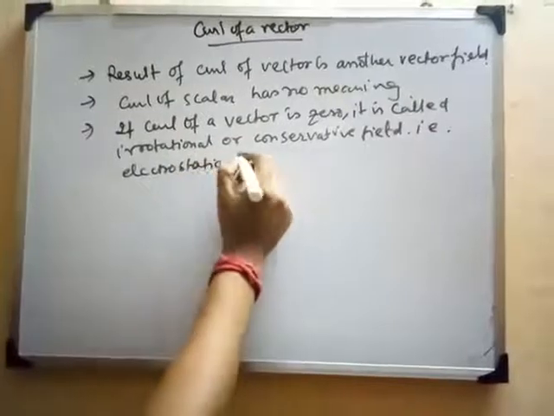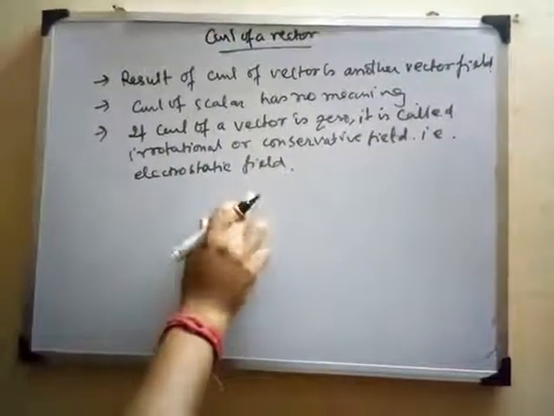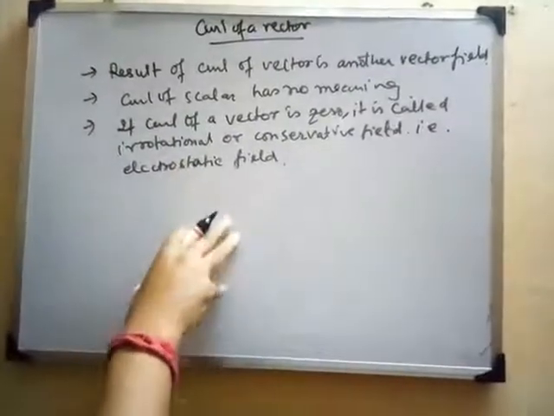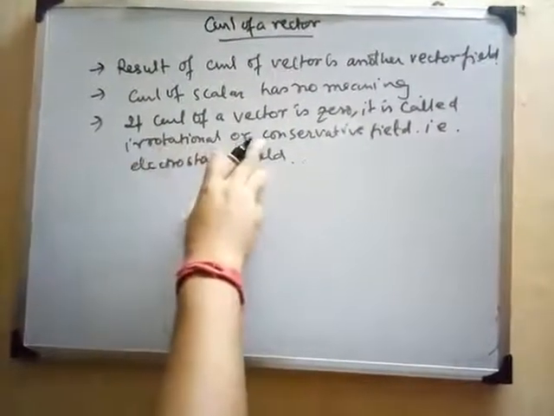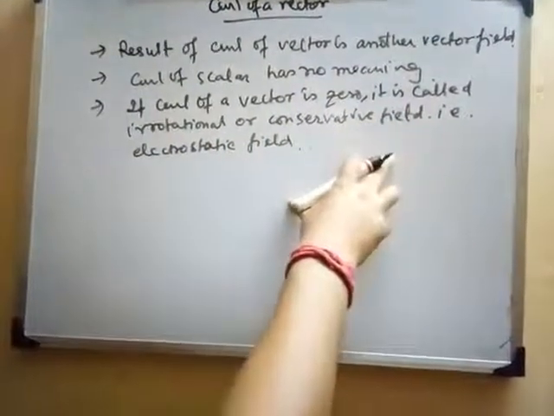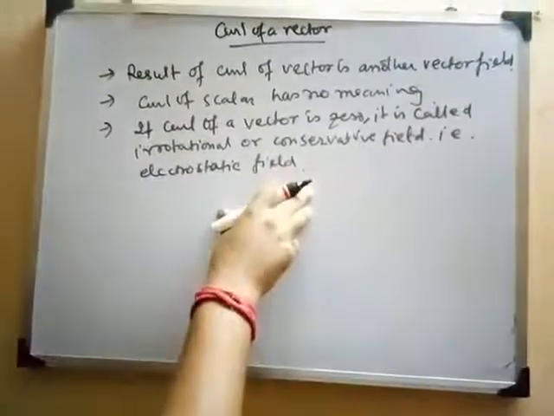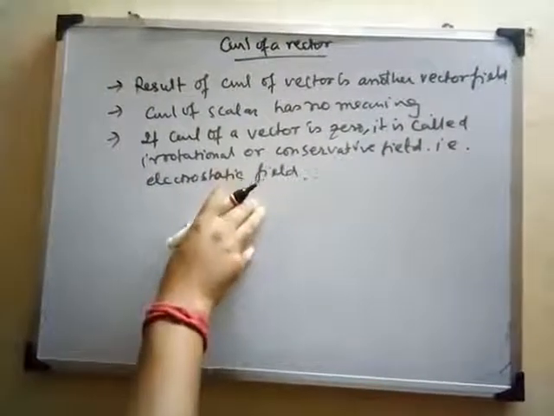You have already learned about what electrostatic fields are: fields which are static at a place, not in moving conditions. So if we take the curl of a vector and it is zero, it is called an irrotational or conservative field, like the electrostatic field.